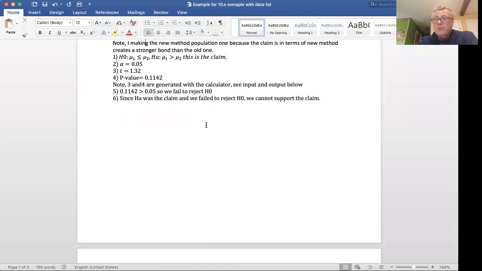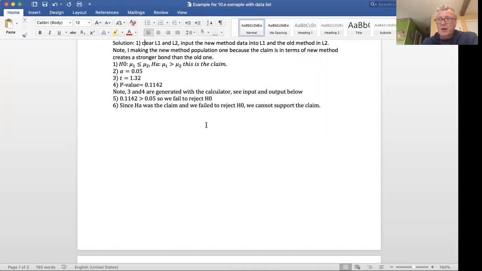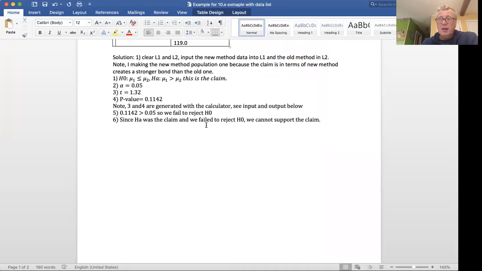So now let's look at our formulation for H0 and HA. H0 says that mu1 is less than or equal to mu2, and HA says mu1 is greater than mu2. Now the question is, how do I get 1 and 2? I don't have it like the example we had the other day, where the table said mu1 was from this group, mu2 was from that other group. So in this case, I go back and look at the claim.